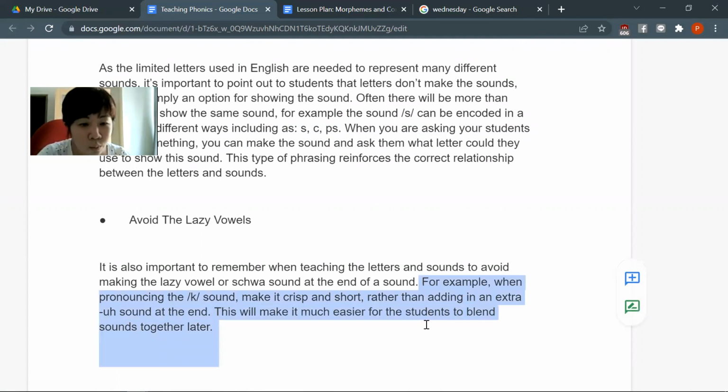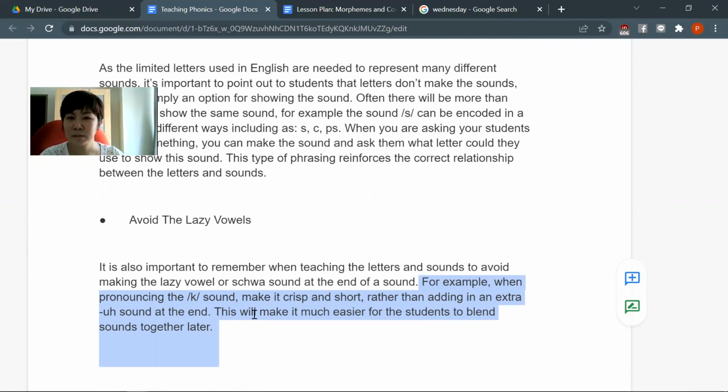For example, when pronouncing the K sound, make it crisp and short, rather than adding in an extra sound at the end. That way, when students have to blend the sounds together, it's much easier for them. I've made this mistake before.